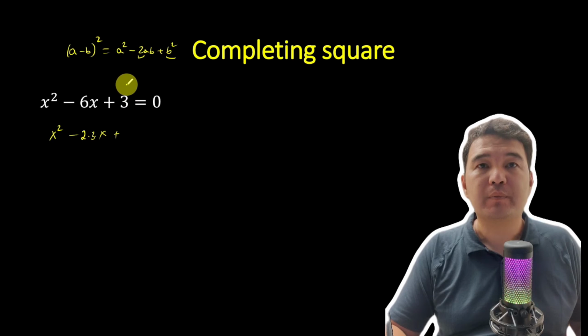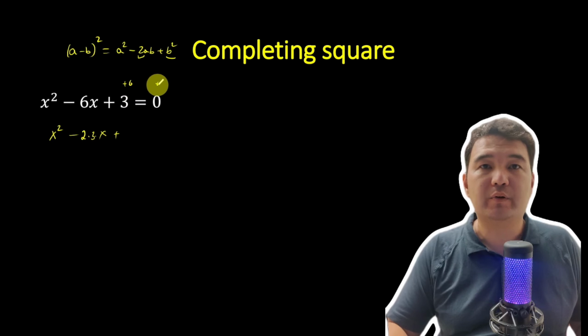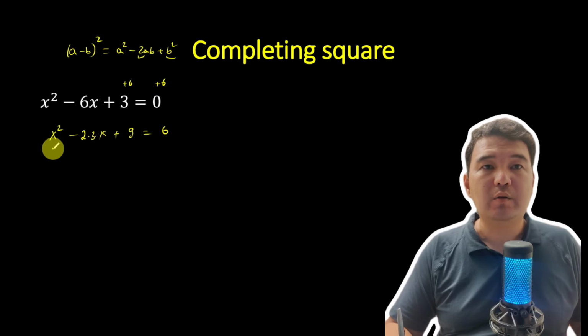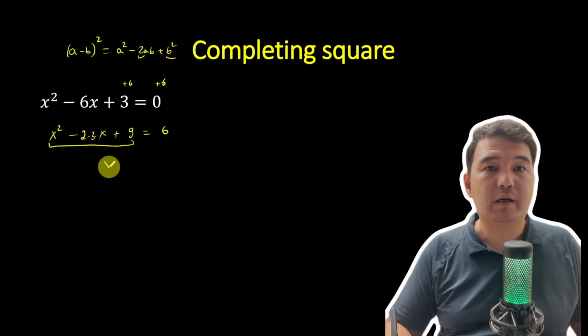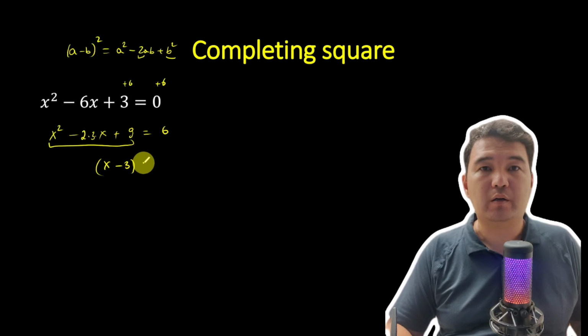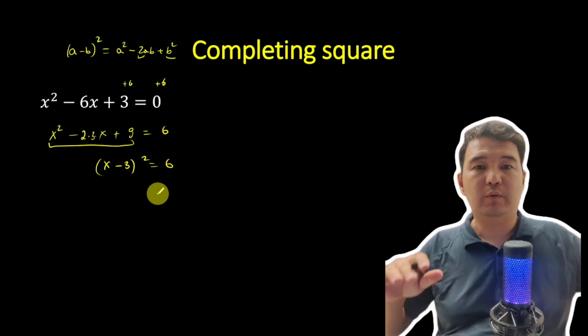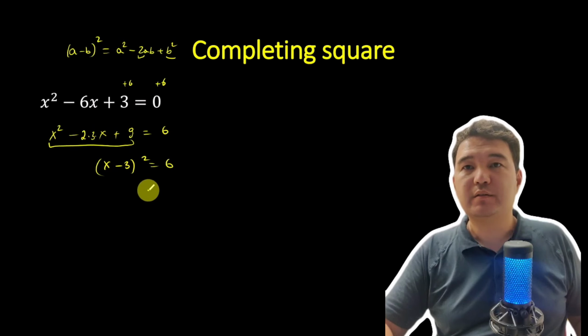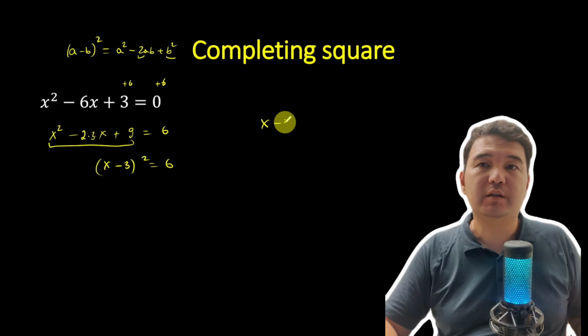To make it 9, we can add 6 to both sides. So that becomes 9 and 6 here. Now this part is just (x minus 3) squared equal to 6. If you take the square root of both sides, that gives you x minus 3 is equal to plus or minus square root of 6.